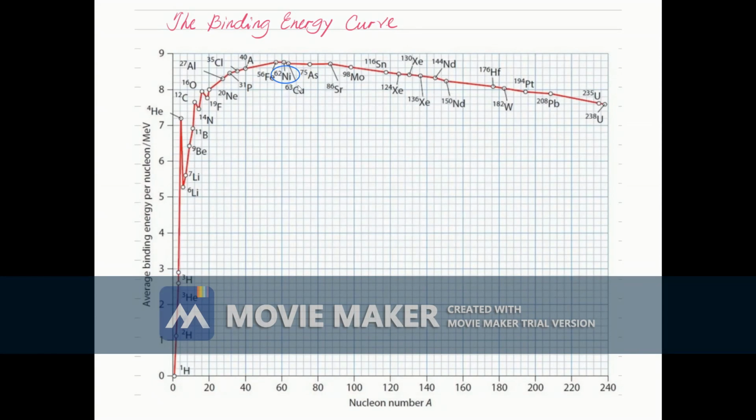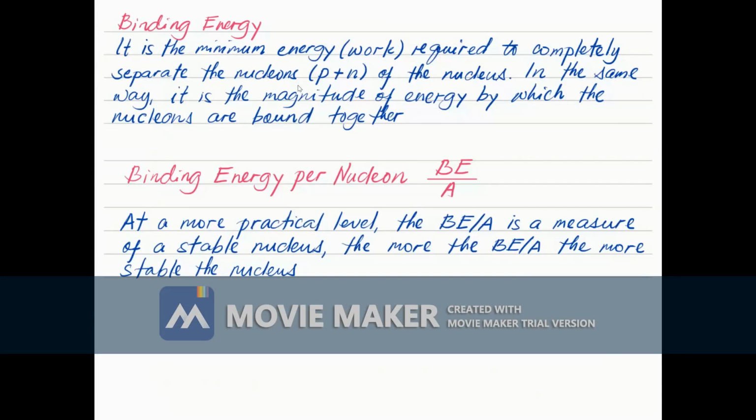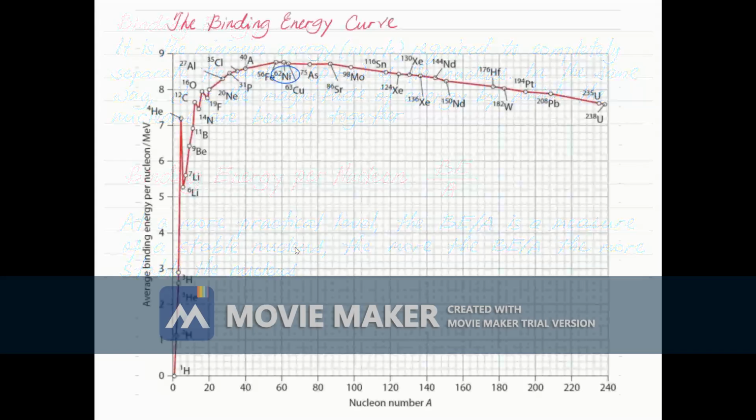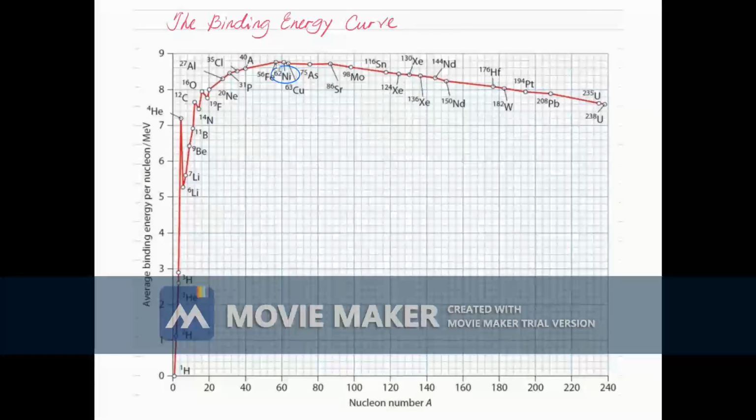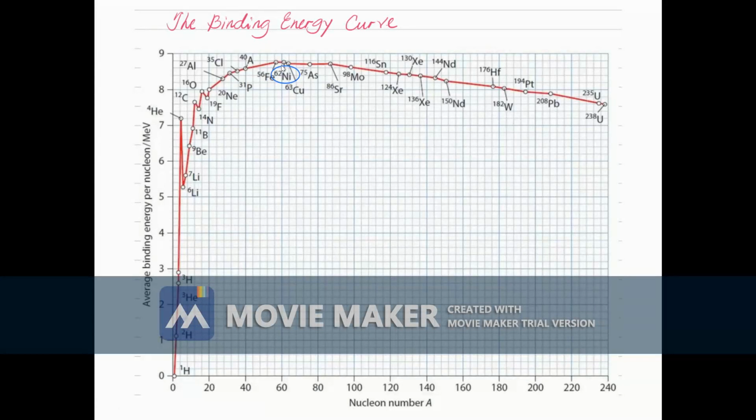On the previous slide, I mentioned that the more the binding energy per nucleon, the more stable the nucleus. So we can see the upward trend to nickel-62, and after it reaches this point, binding energy begins to decrease. So the stability rises, then it falls.